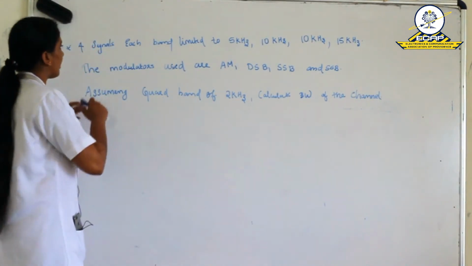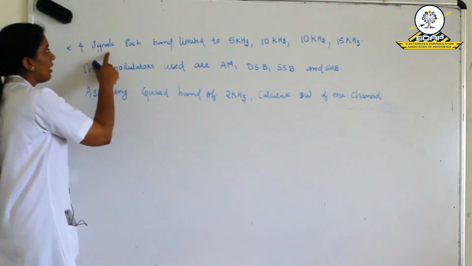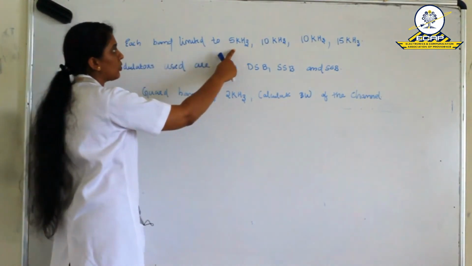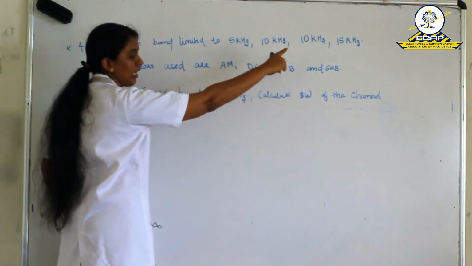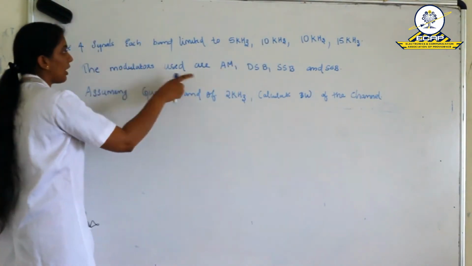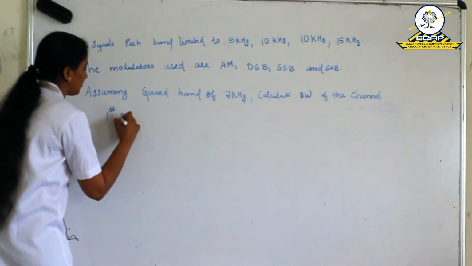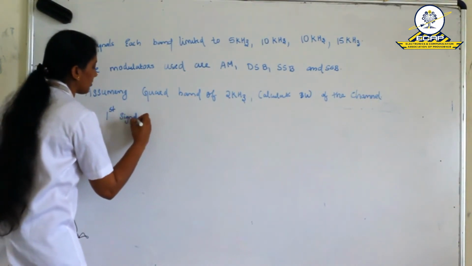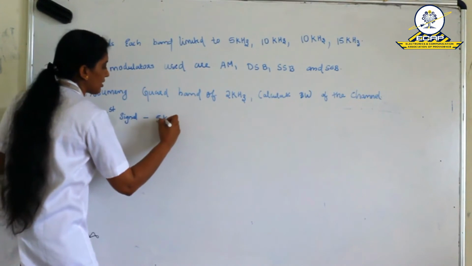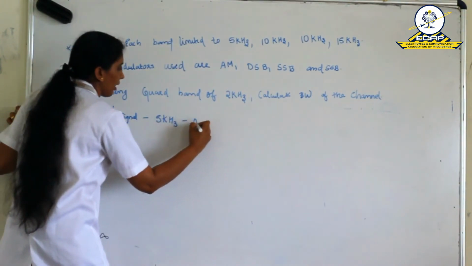The question says we have 4 signals. The first signal, bandwidth 5 kHz, using AM.